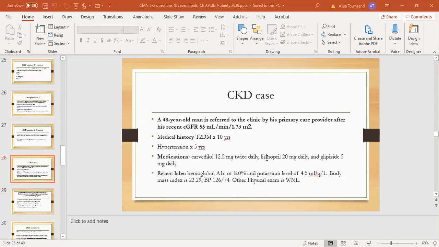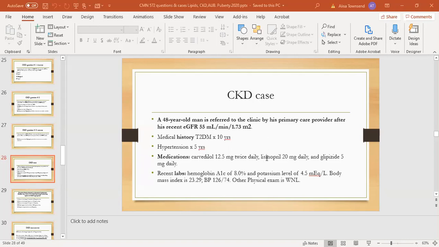All right, we got our first case with chronic kidney disease. A 48-year-old man is referred to the clinic by his primary care provider after a recent eGFR of 55. Medical history of type 2 diabetes times 10 years, hypertension 5 years.